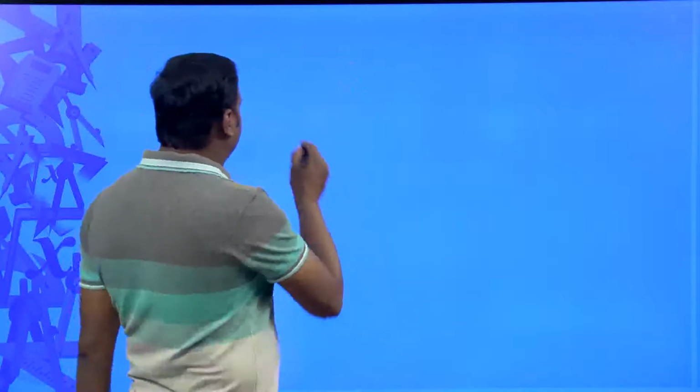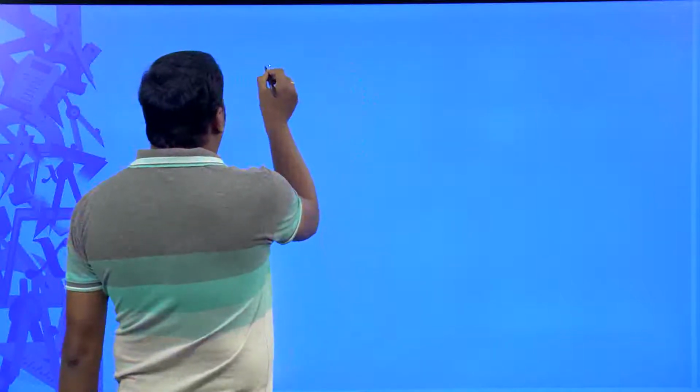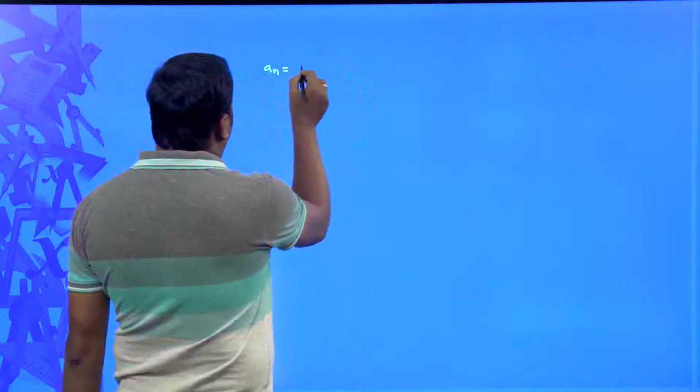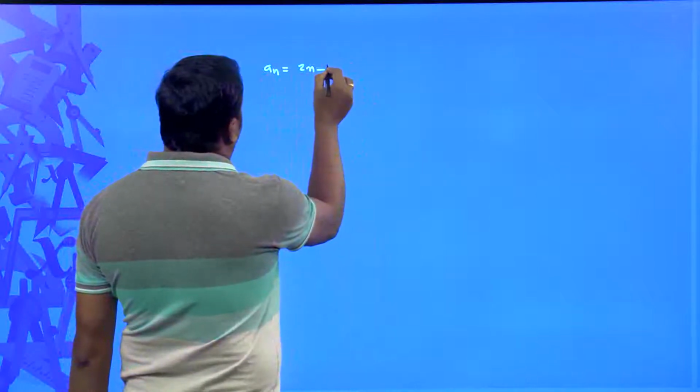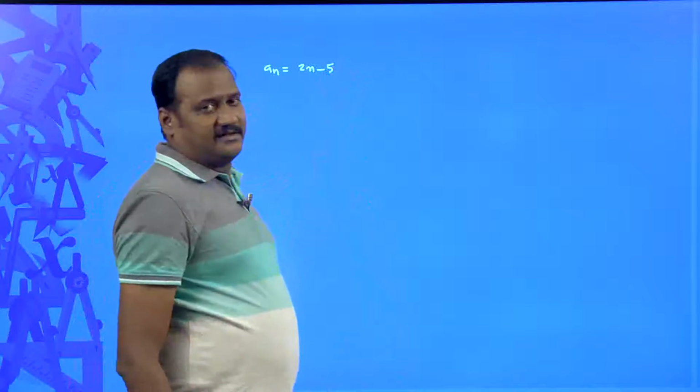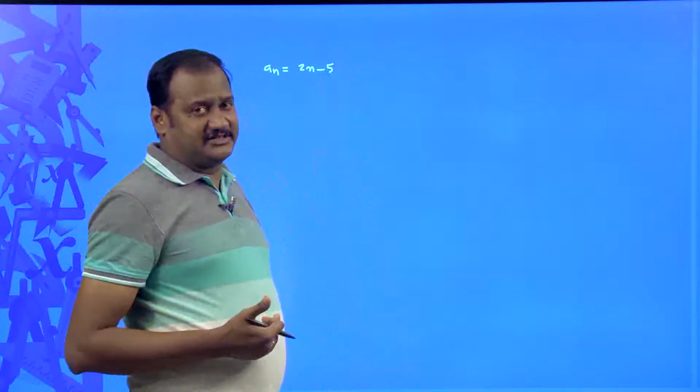So, I am taking that only. Suppose you are given the nth term of an arithmetic progression is equal to 2n minus 5. Let us try to find what are the terms of the sequence.